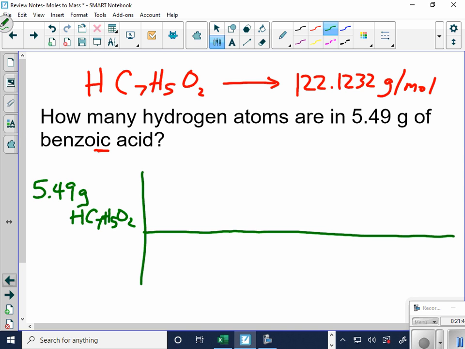So I have to first go to moles. So I know that 122.1232 grams of benzoic acid is equal to 1 mole of benzoic acid.